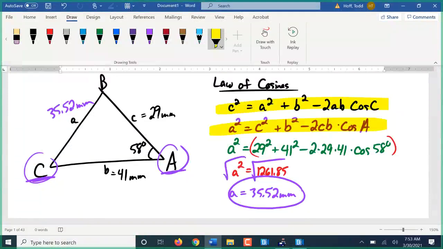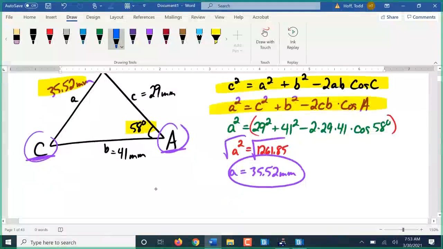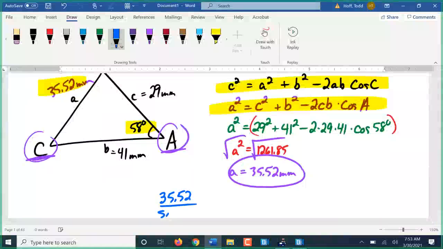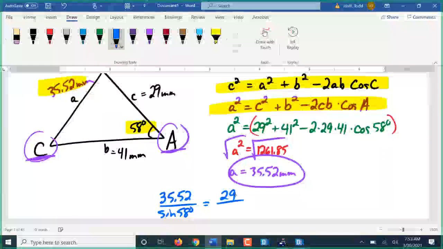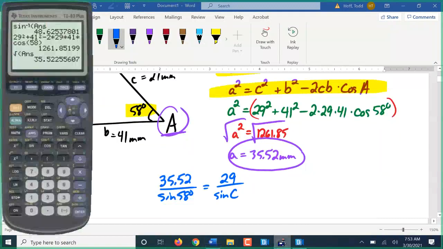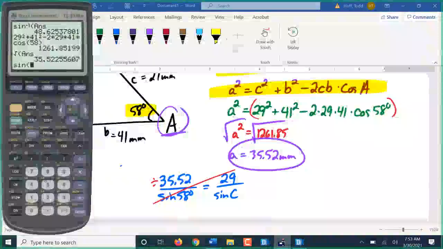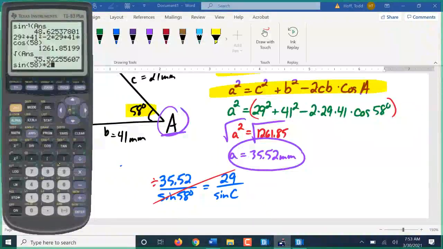Now, I have a side and the opposite angle here. I can use law of sines, but remember I want to use the smaller of the other sides. So I have my 35.52 over the sine of 58 degrees equals, I'm going to use the 29, and that's opposite angle C, so that'd be over sine C. So when I cross multiply and divide here, it'll be the sine of 58 times 29 divided by 35.52.